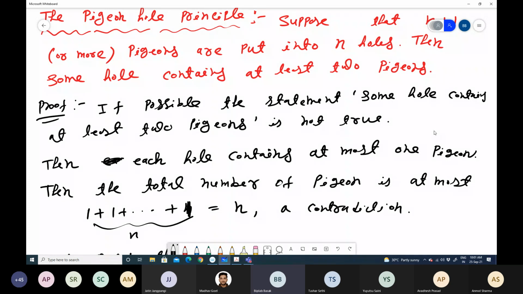It is very easy to see because there are only 12 birth months. That means your holes number 12, and if you take 13 people, that is more than or equal to n plus 1. So obviously one month must be shared by two people. Therefore two people will have the same birth month. That is a trivial problem.